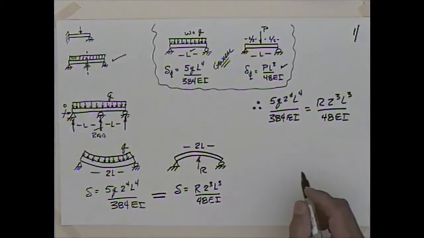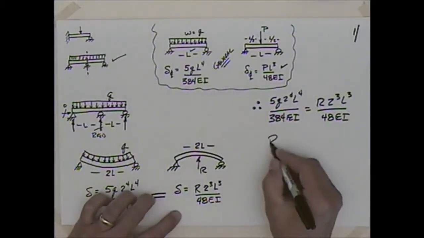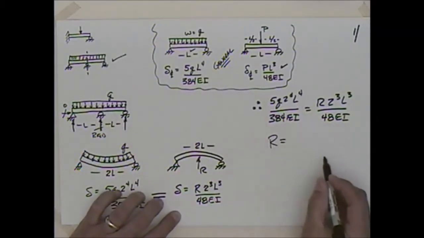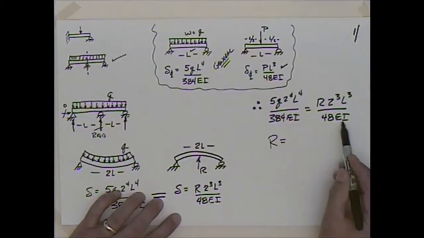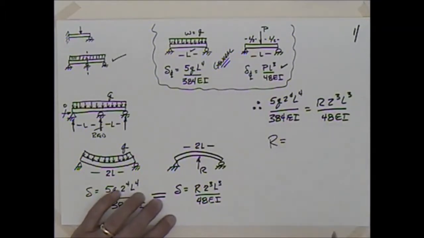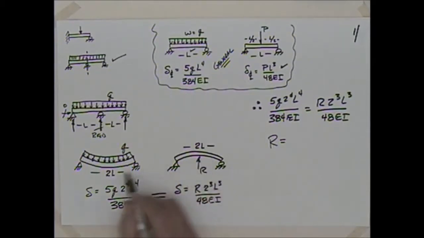And in solving for R, I'd multiply both sides by 48, then cancel the EI out. And that is probably worth talking about for a moment.